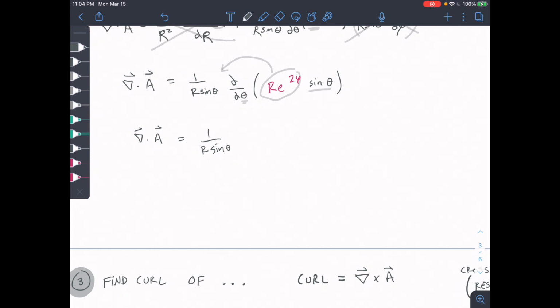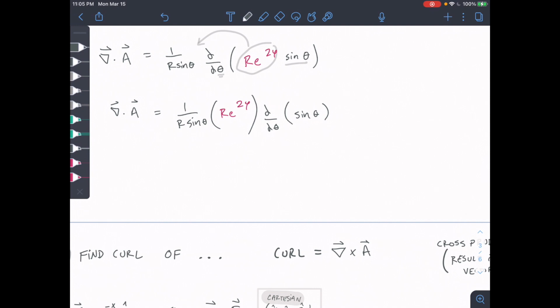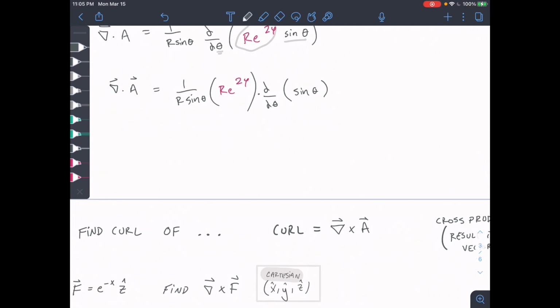So we have our sine of theta. Okay, and then we're pulling out this r e to the 2 phi, right? And then we're just taking the derivative with respect to theta. Sorry if I said phi in the beginning. I don't mean to be inconsistent here.